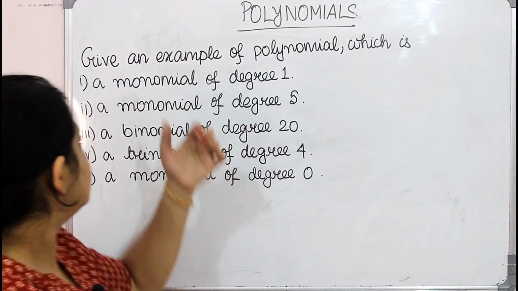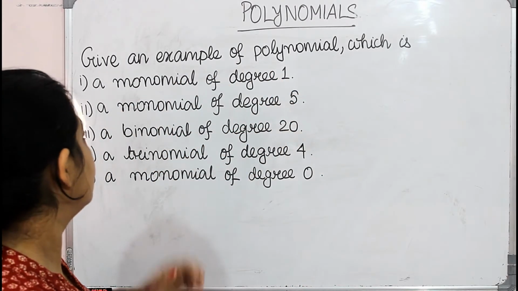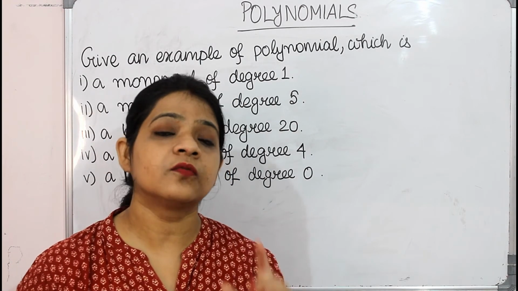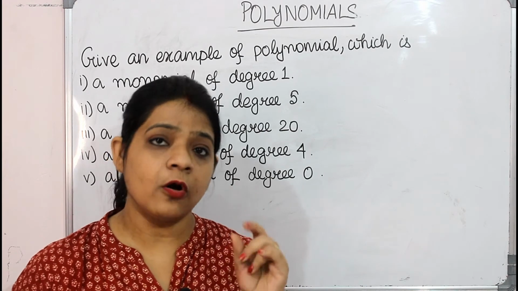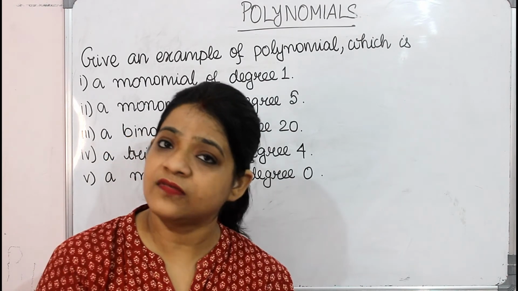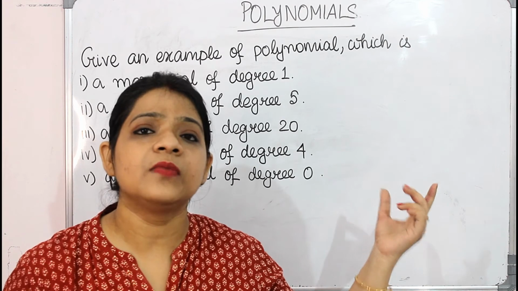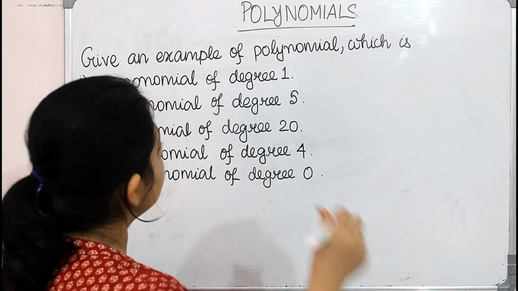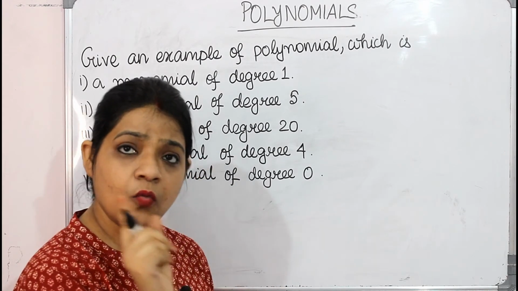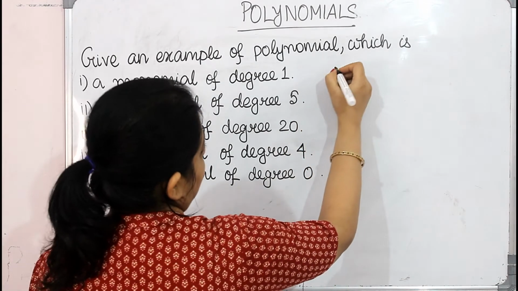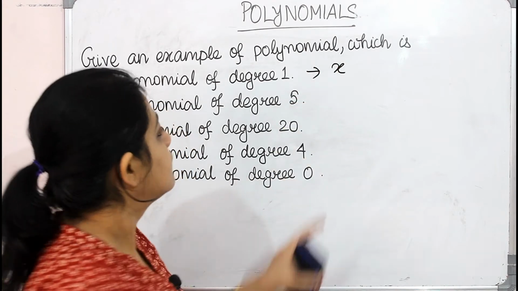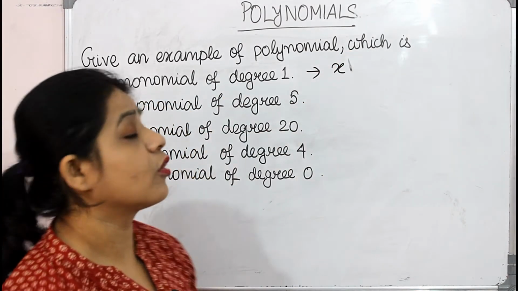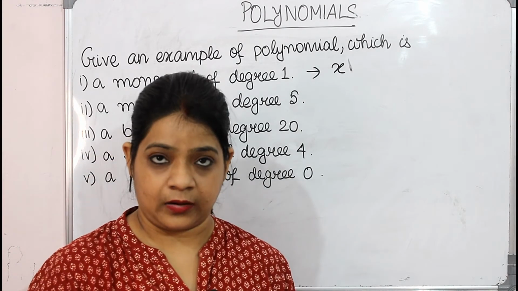The next sum is, give an example of polynomial which is a monomial of degree 1. So monomial means the polynomial that has only one single term, and degree 1 means the highest power is 1. So let us say x to the power of 1, or simply x, is a monomial of degree 1.